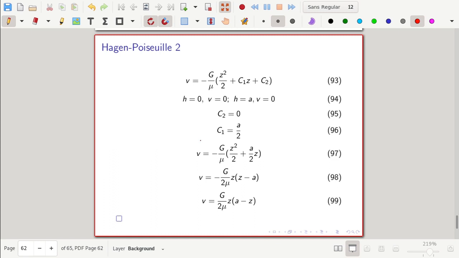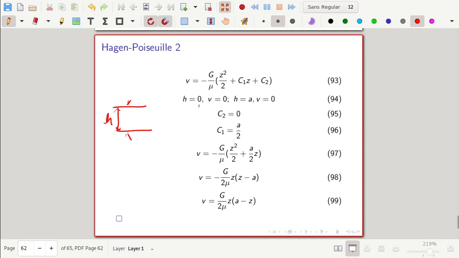Okay, first of all, at h equals 0, v equals 0. So remember, this is h. Because we have viscosity, because we did viscous flow, at the surface here of the plates, the velocity is 0. Again, at h equals a, at this point here, so h equals 0, h equals a, the velocity is 0. So it's pretty simple.